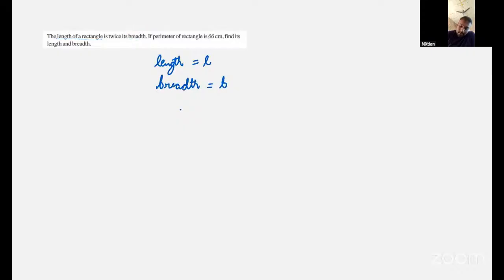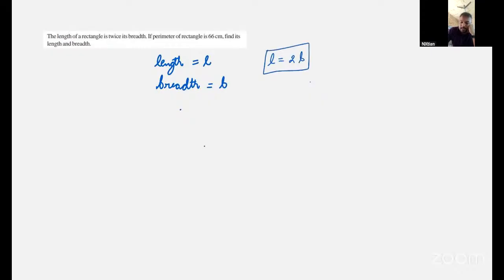The length is twice the breadth. How will you make this equation? I take breadth as b and length as l, so I will get L equals 2b, because the breadth is b.